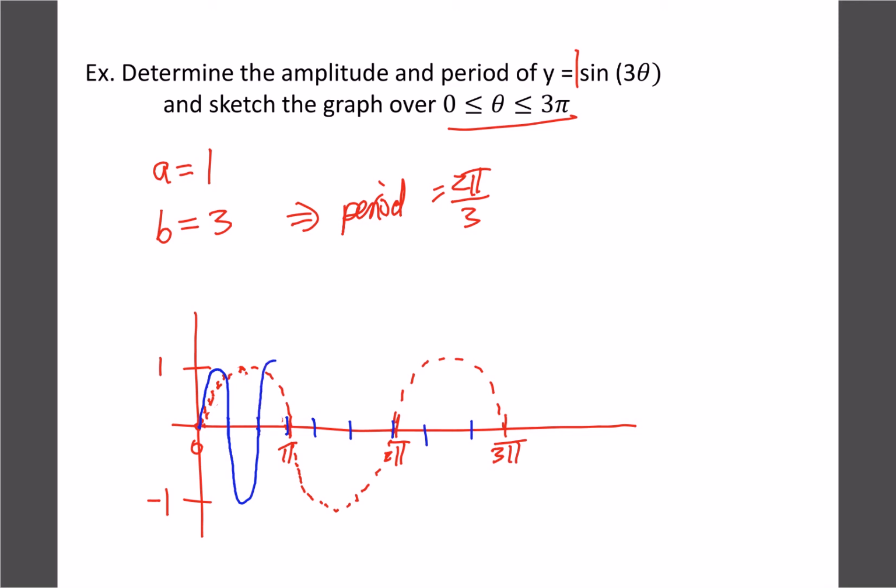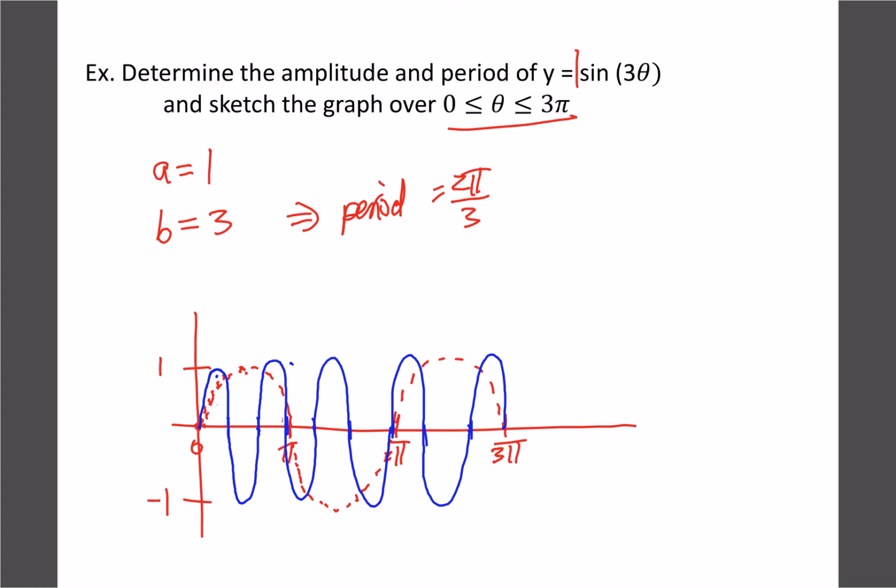Now we can basically just keep repeating it, up, down, and back, up, down, and back, up, down, and back, and then we'd have 1 more like that. You can actually see, if you compare the dotted line, the original, to the blue line, in the original we had 2 humps and 1 valley. Now we've got 1, 2, 3, 4, 5, and 4. So you can see we actually did a 3 times stretch.